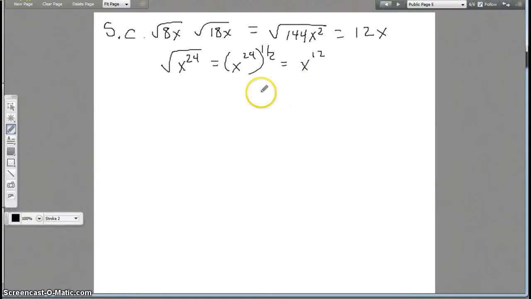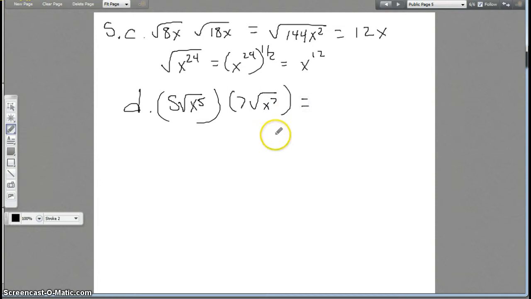Okay, now we're going to look at part D. Part D says 5 square root x to the 5th multiplied by 7 square root x to the 7th. So we're going to multiply the numbers outside the square root first. 5 times 7 is 35.